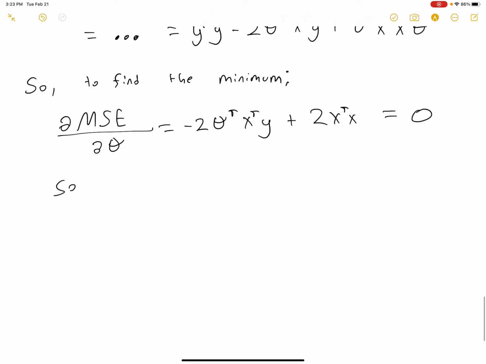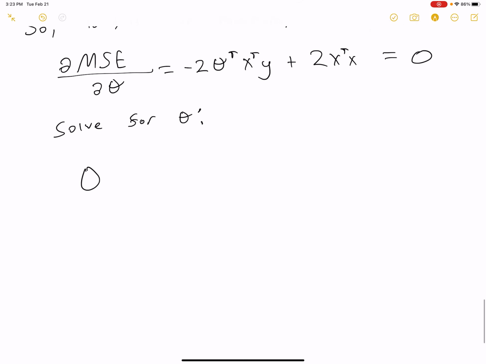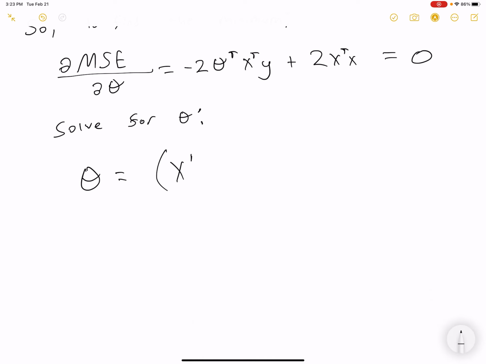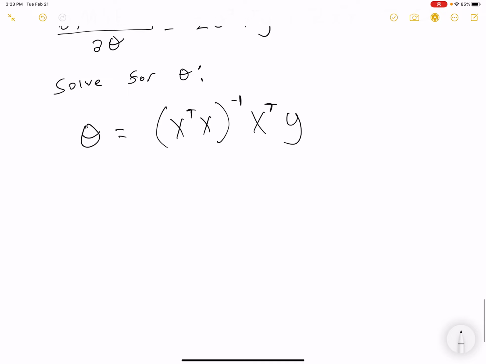And then if we solve for theta using a bunch of linear algebra, we get theta equals X transpose X, inverse of that, times X transpose times y. So that's the exact solution for linear regression.